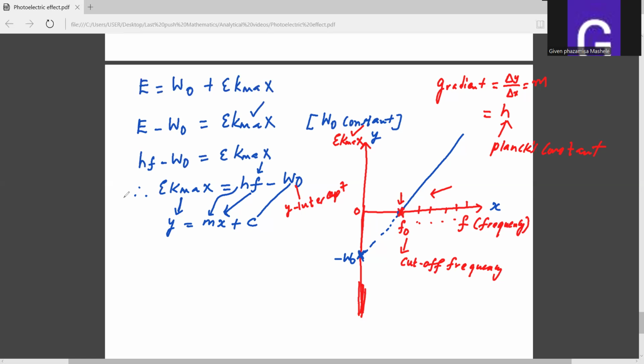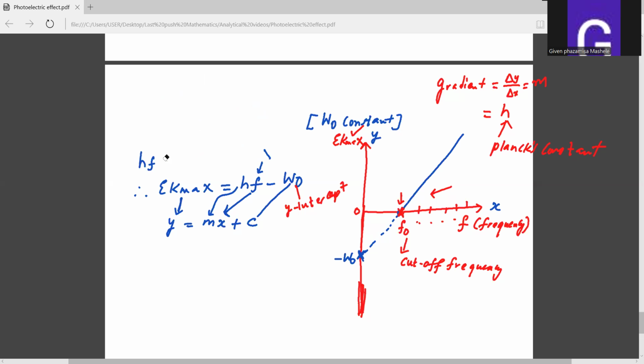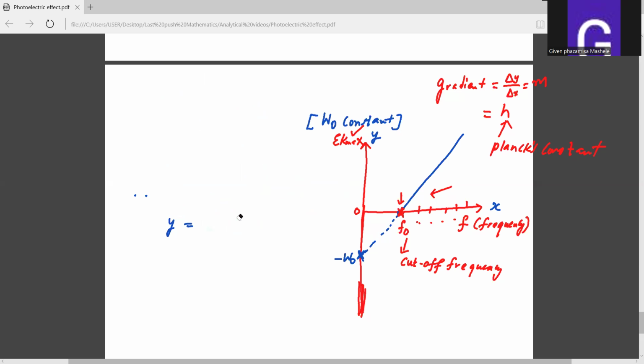Now, let's take this further, guys. Let's say now we don't want to compare the relationship between kinetic maximum and frequency. We want to compare the relationship between kinetic maximum and the wavelength. Now, I want us to redraw that equation again.